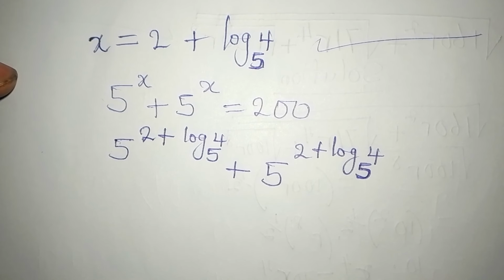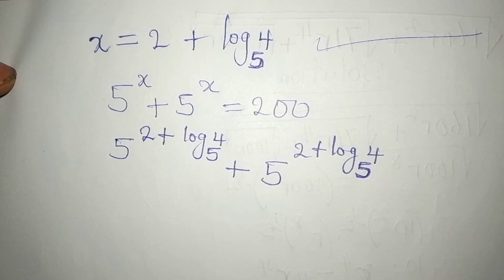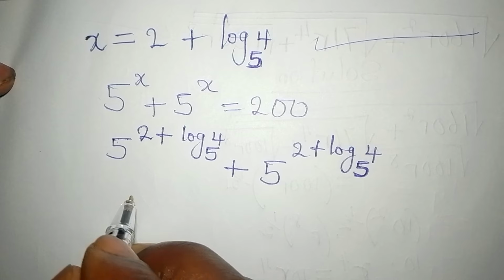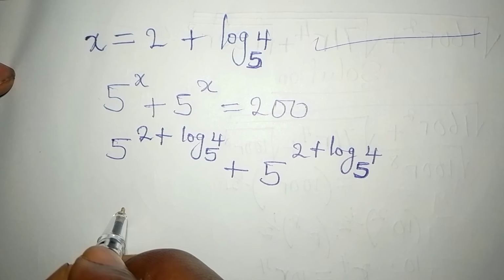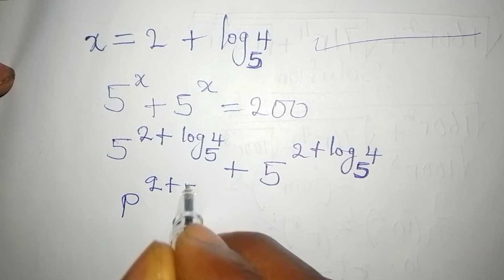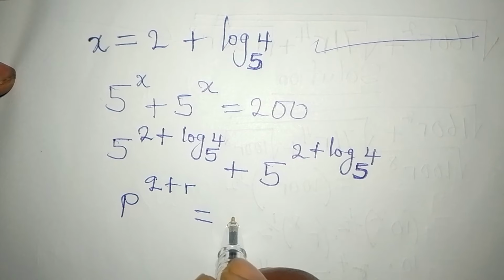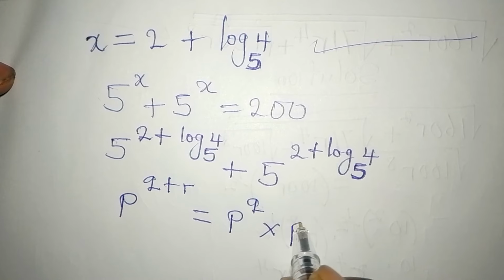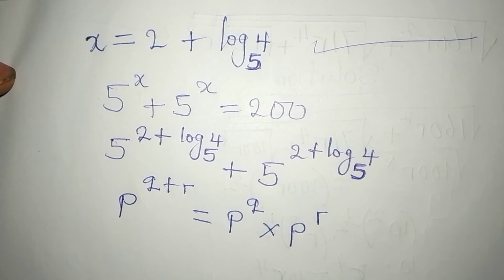Okay, so from here we have to apply one of the laws of indices. The law says if we have p to the power of q plus r, this is the same thing to p to the power of q times p again to the power of r.